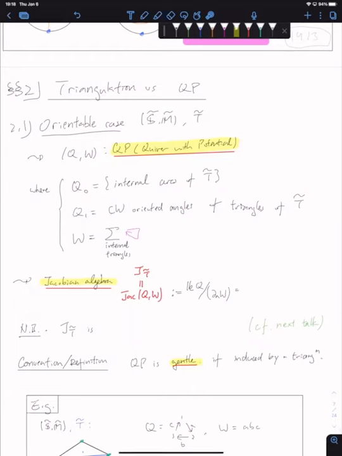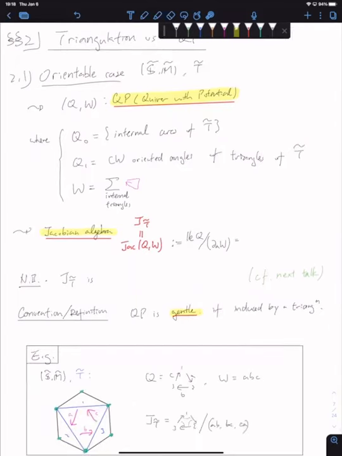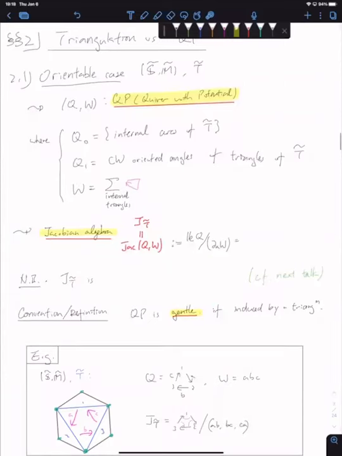The potential is given by summing up the length 3 paths, one for each internal triangle. You just choose any one of them. And from this QP, you can get something called the Jacobian algebra, which is the path algebra quotiented out by the cyclic derivatives of the arrows.